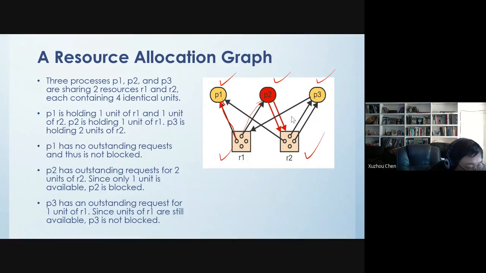Now, suddenly, P3 and P2 make requests. Remember, the edge from the process to the resource, that's a request, right?